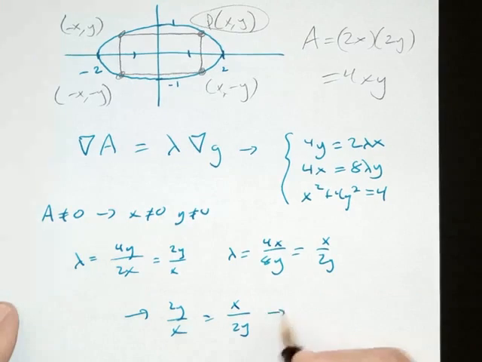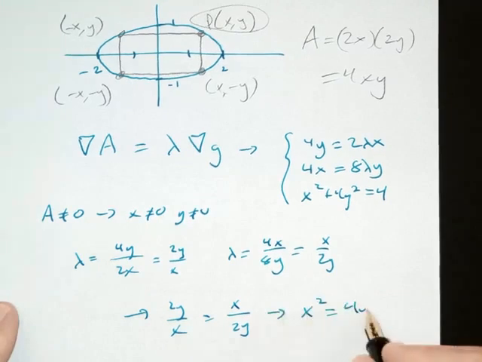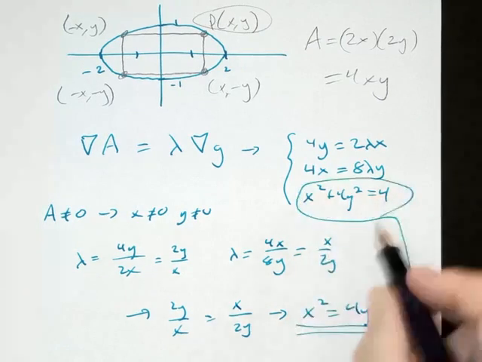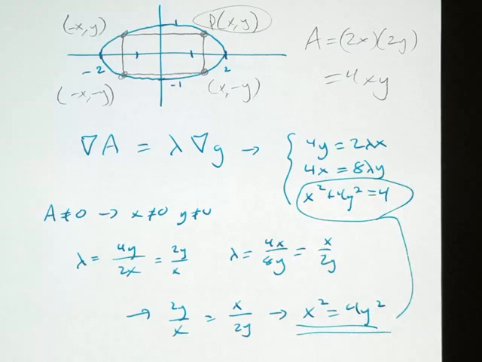Well, the only way that's going to work is if x squared is equal to 4y squared. Take this and put it right here, and you can solve for one of those two numbers, either x or y, using the ellipse itself.